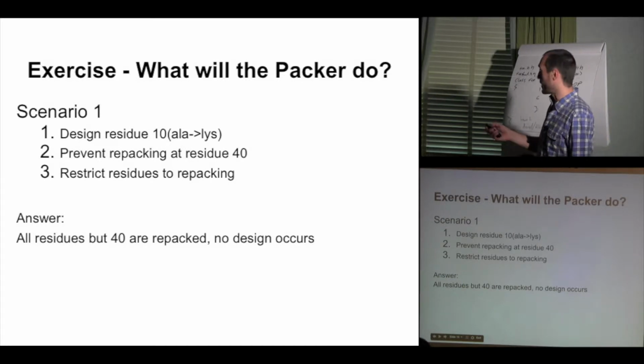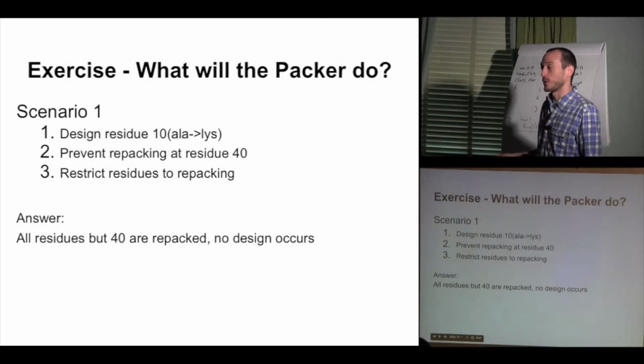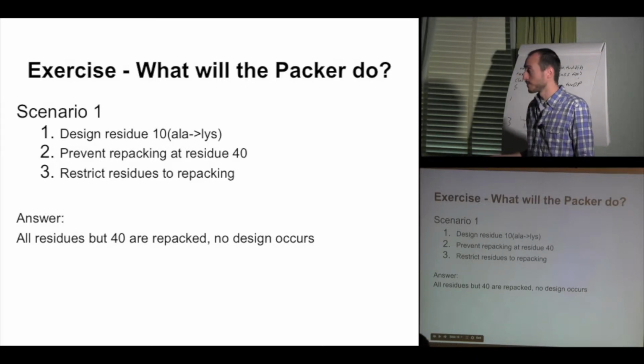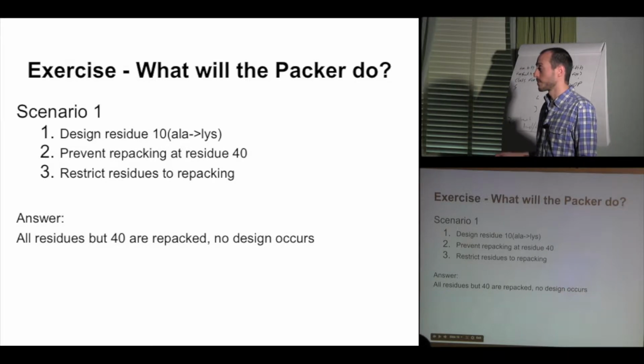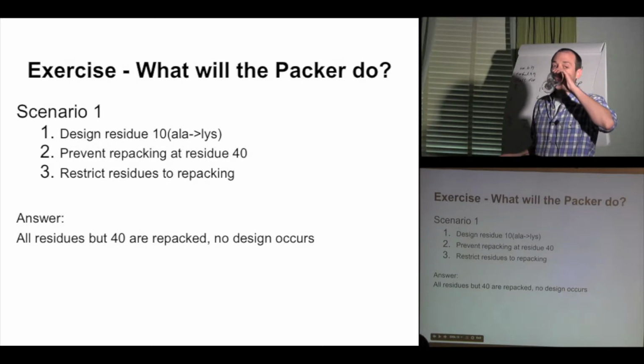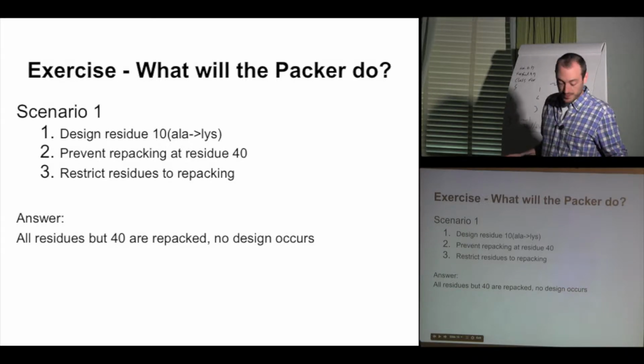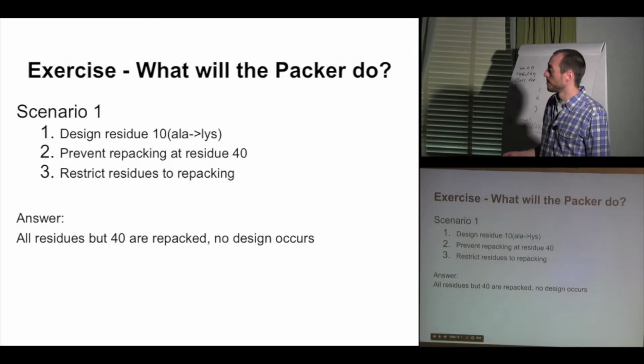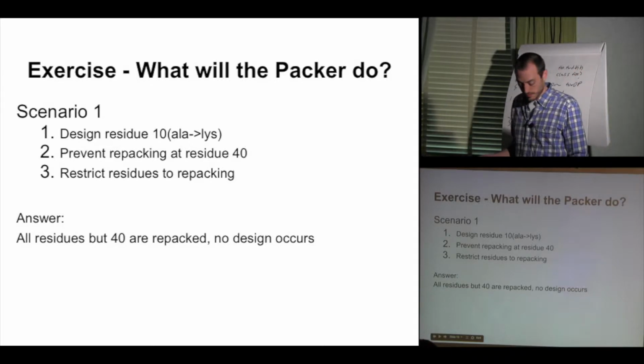Okay, so this is a little bit tricky, so it's something to be aware of when you're dealing with the PackerTask. I have a question about that. So, Andrew, do you mean that the reason that you're using alanine and serine, you can design without repacking? No. What I'm saying is that if this example had been that it started as serine, residue 10 was serine to start, and then the first command says force it to mutate to lysine.